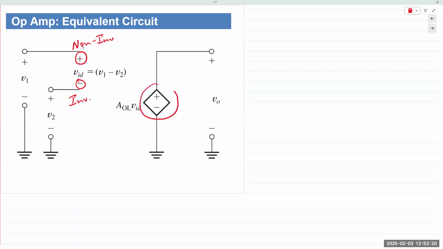Then at the output, you have a dependent voltage source that provides you V out as a function of VID, the differential input.